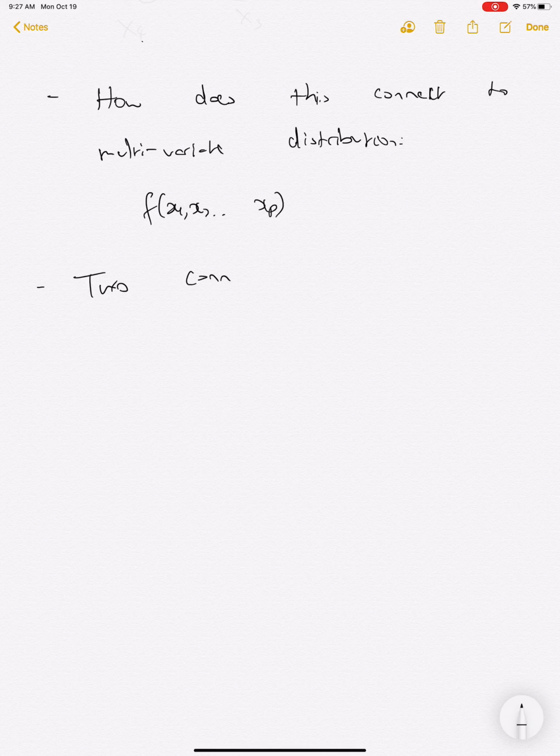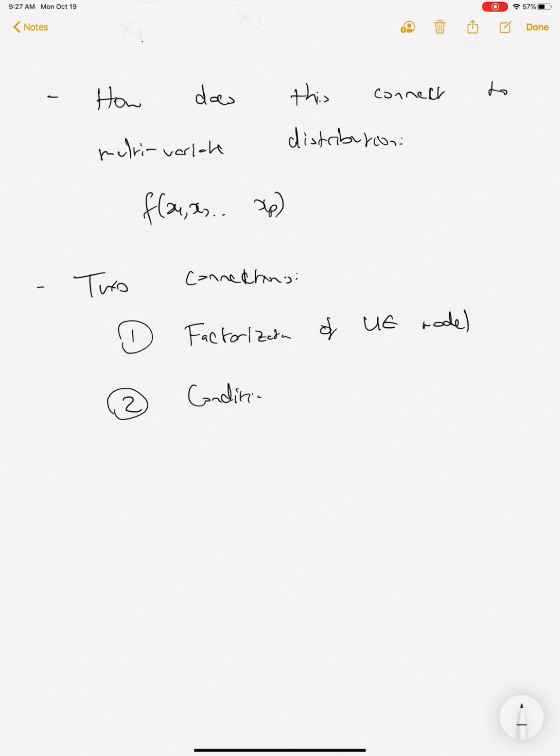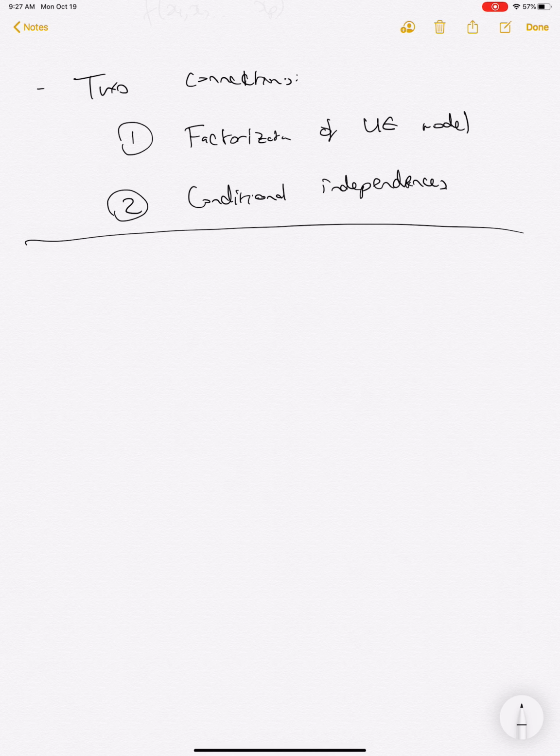So there are 2 connections. One is obviously through factorization of the undirected graphical model. And then the other one is through conditional independences. Okay, so let's first talk about factorization.